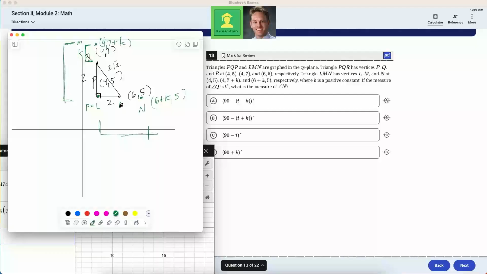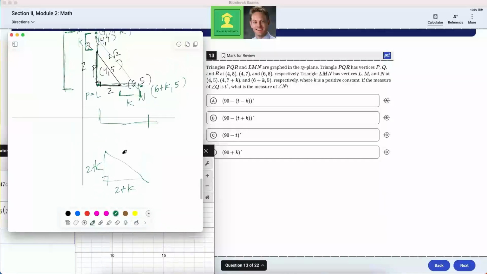And similarly from 6 to 6 plus K is an extra K units. So if you wanted to say the dimensions of the green triangle that gets created, it's 2 plus K and 2 plus K and a right angle. So it's still a right isosceles. It's still a 45, 45, 90. And if you really wanted to, you could say that this would have length 2 plus K times radical 2.